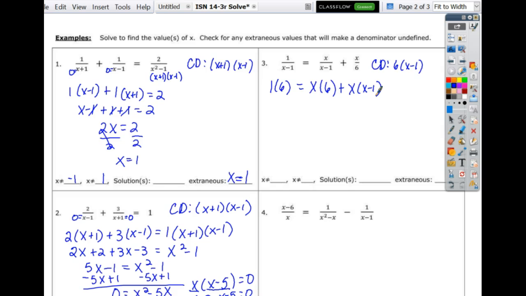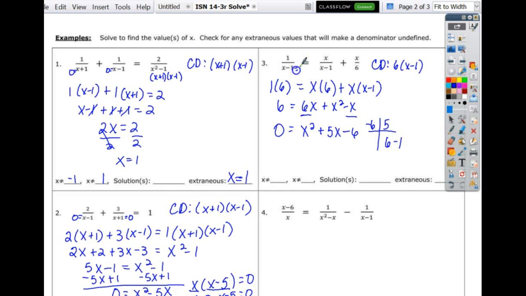So here I have 6, here I have 6x, and I have x squared minus x. So if I combine like terms, and I'm going to move the 6, so now we can factor. So I want negative 6 and 5. 6 and negative 1.